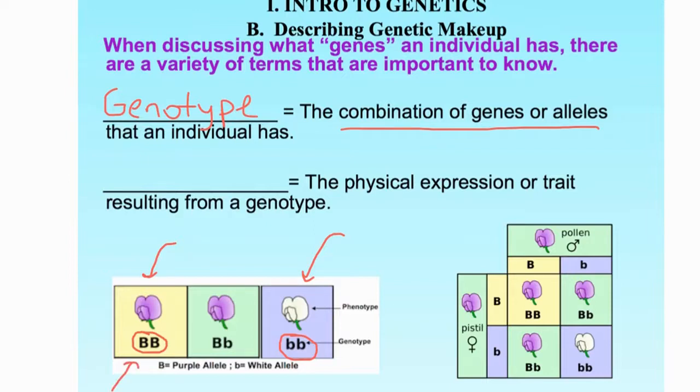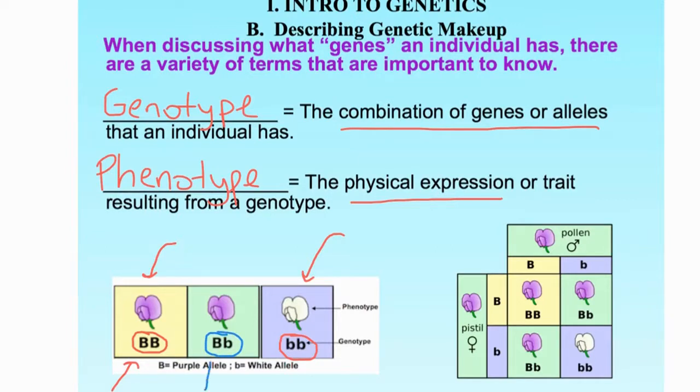Now, the physical expression of that genotype, what you can see, is called your phenotype. So you can see down here, this purple flower has the genotype capital B, lowercase b.